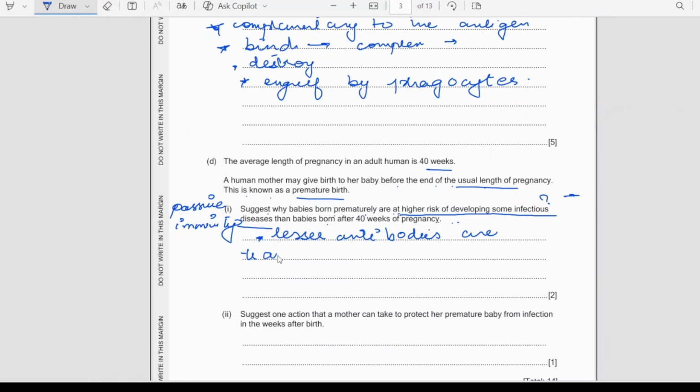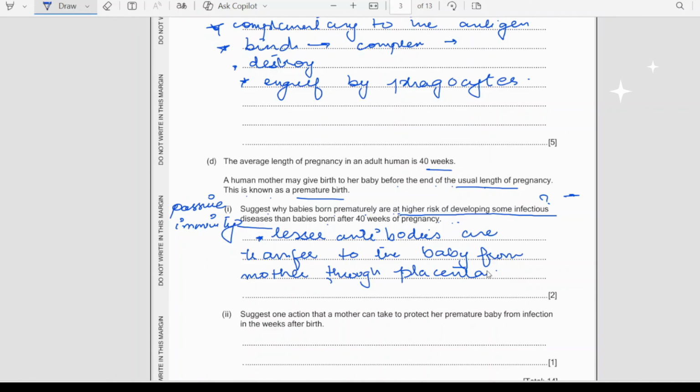Because they are entirely relying on the mother's antibodies, which are transferred to the baby from the mother, and the mode of transfer is the placenta, right? And all the nutrients and exchange of gases, everything is done through the placenta.